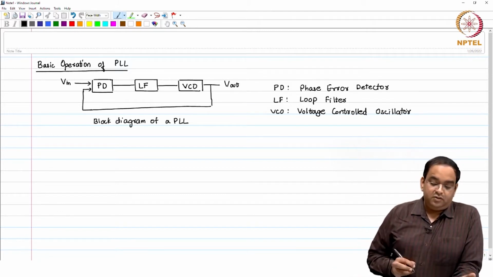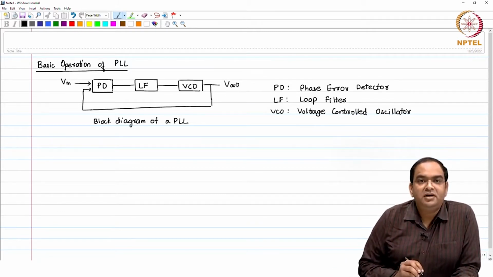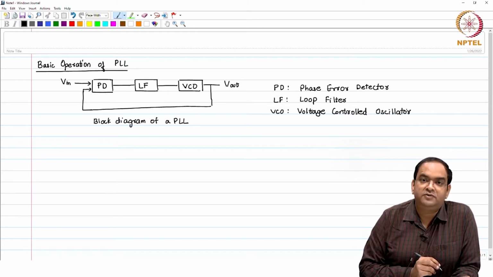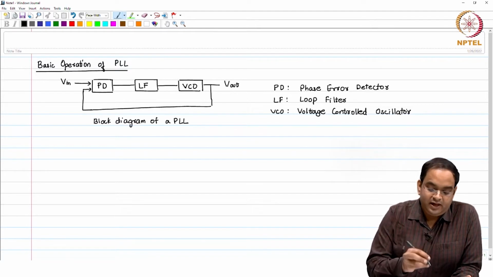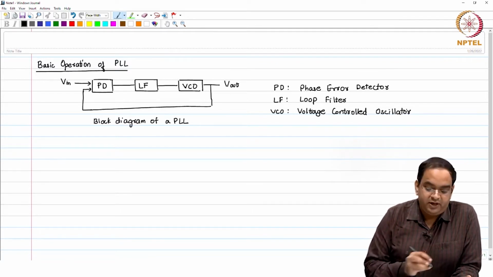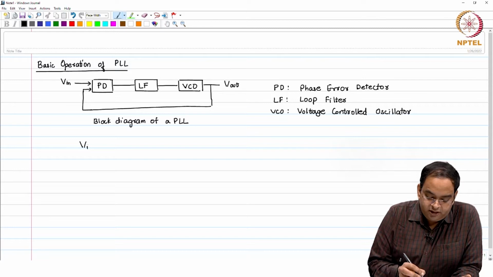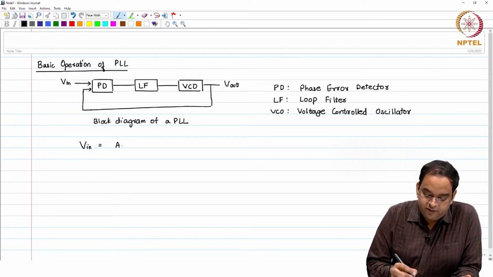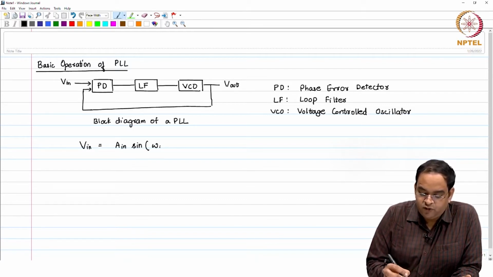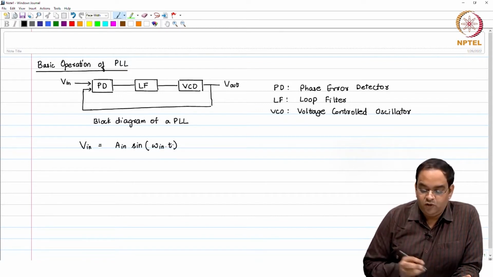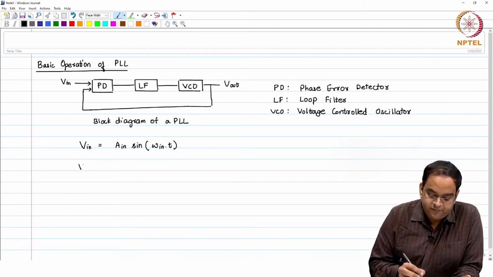If this is a PLL, it should generate some periodic signal at the output, and this particular PLL has a periodic signal at the input also. Here V in is a sinusoidal input, A in times sine of omega in times t, where omega in is the frequency of the input signal.